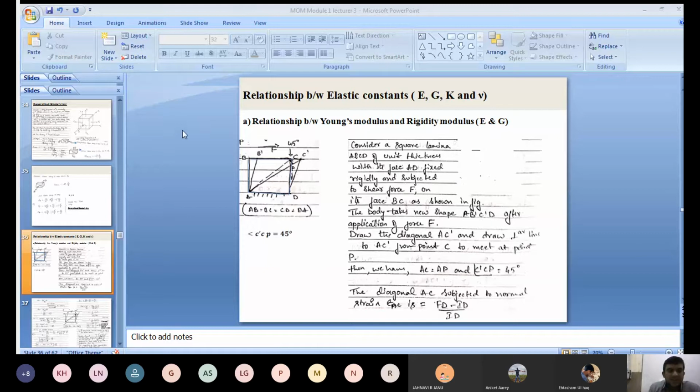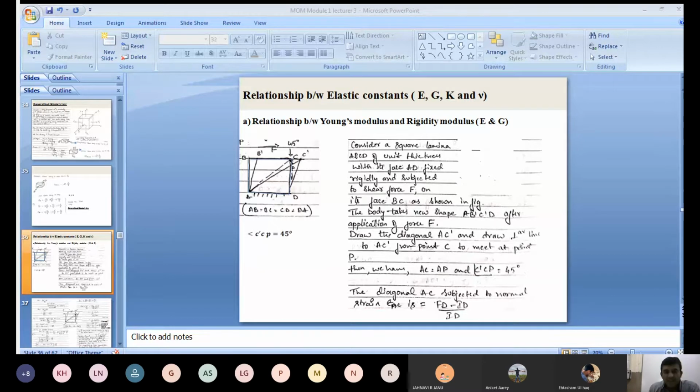Whenever the change in dimension takes place, we go for determining the strain induced in that diagonal. What is the general formula for strain? Strain is nothing but change in dimension to the original dimension. The change in dimension is the final dimension minus initial dimension, divided by initial dimension.